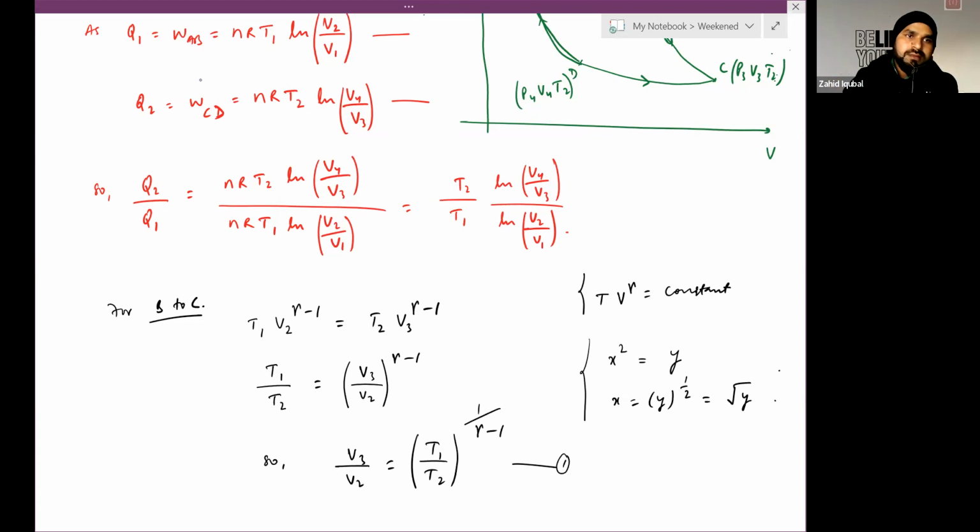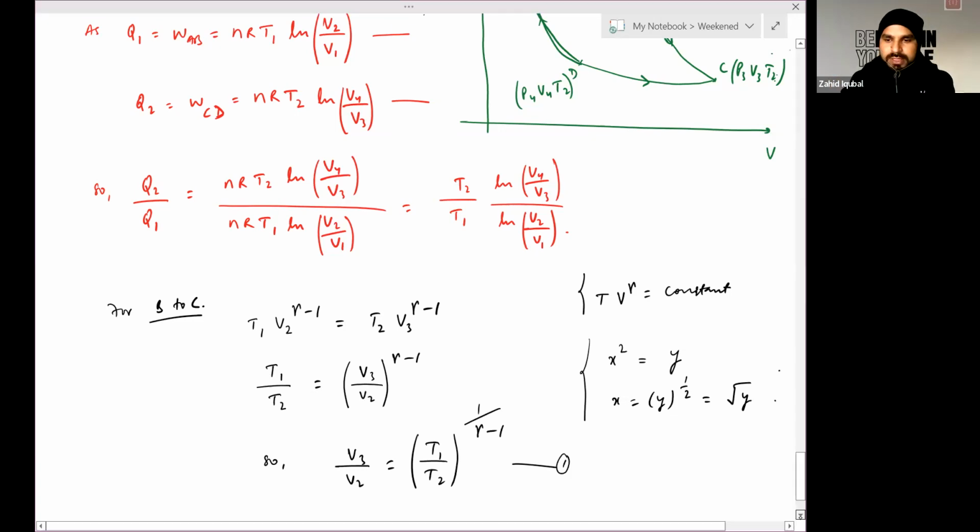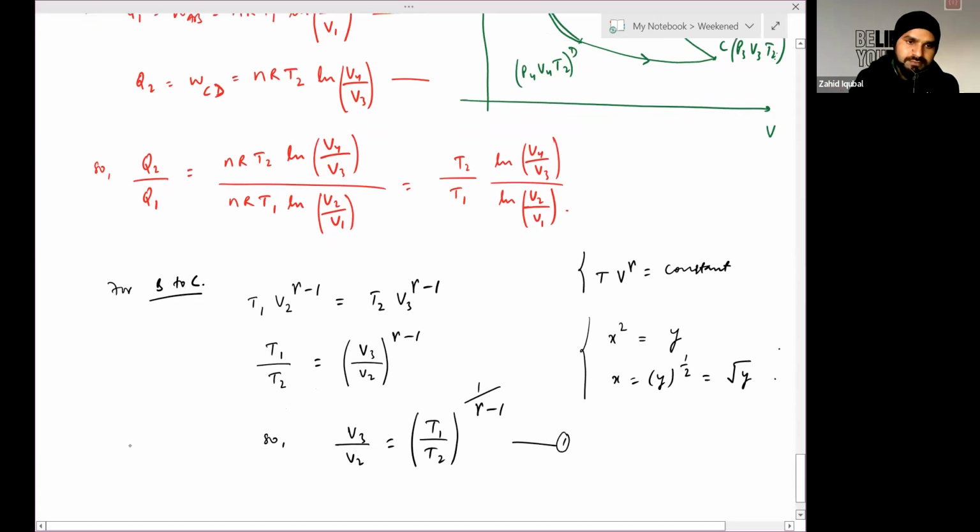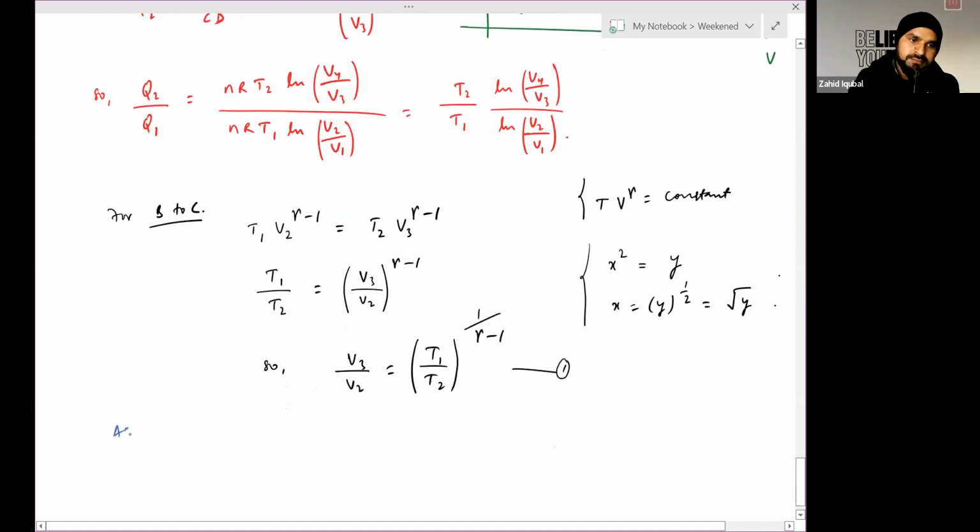Again, for D to A, at point D we have volume V4 and temperature T2, and at point A we have temperature T1 and volume V1. So it will be T2 V4 to the power gamma minus 1 equals T1 V1 to the power gamma minus 1.